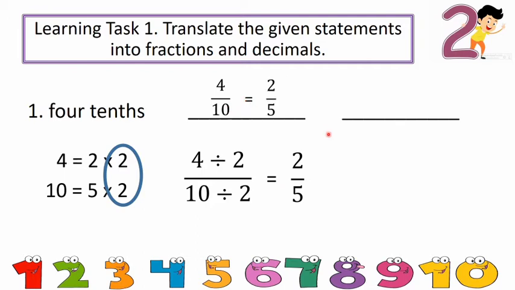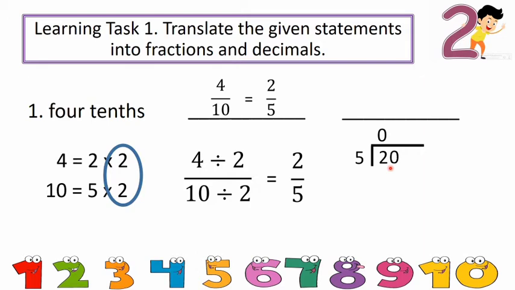Now, how are we going to change 2 over 5 into decimal form? We will divide the numerator by the denominator. So we have the division symbol, 2 divided by 5. 2 divided by 5 cannot be, so we will write 0, and then we add 0.